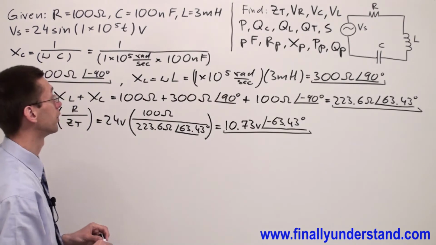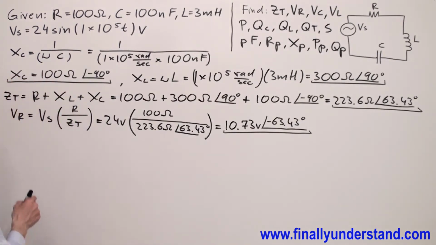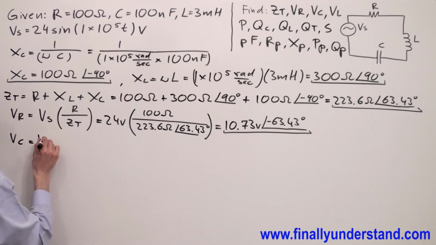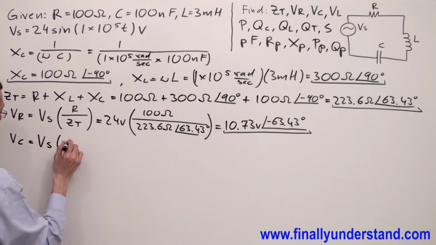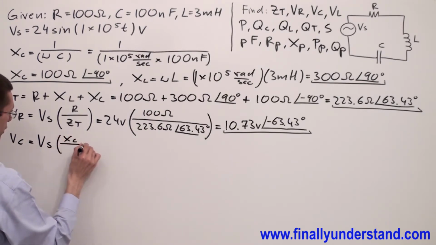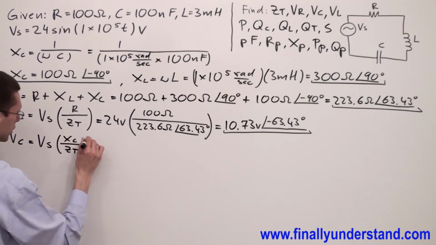Next, I'm supposed to find voltage across the capacitor. So VC is equal to voltage source times X of C over Z total.